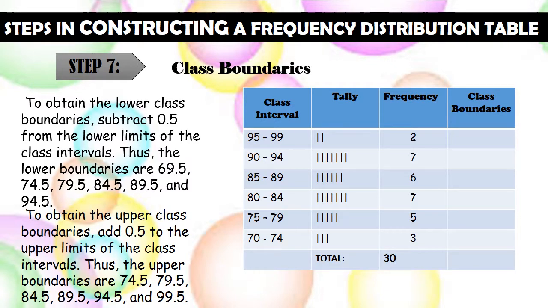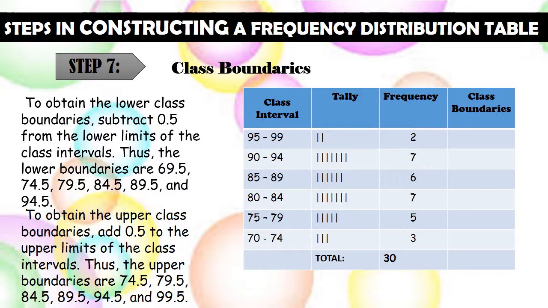The next is to obtain the upper class boundaries. To obtain the upper class boundaries, add 0.5 to the upper limits of the class intervals. The upper limits of the class intervals are 74, 79, 84, 89, 94, and 99.